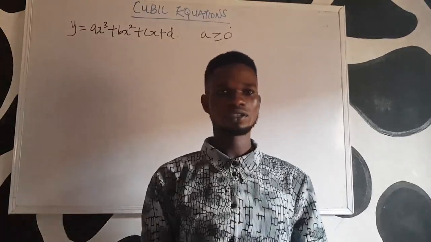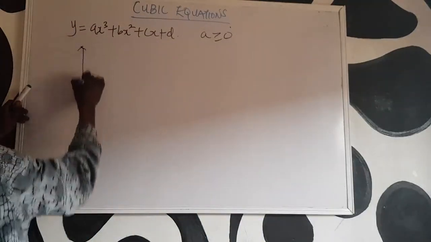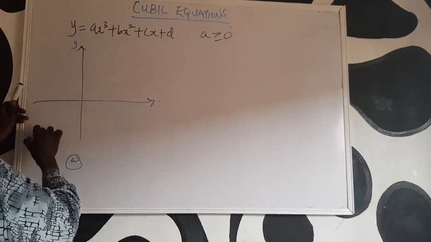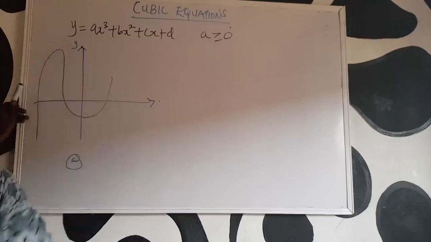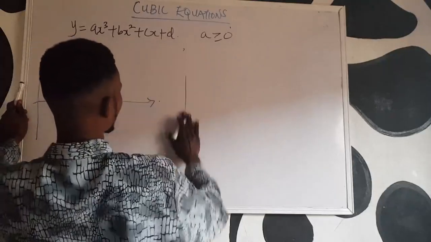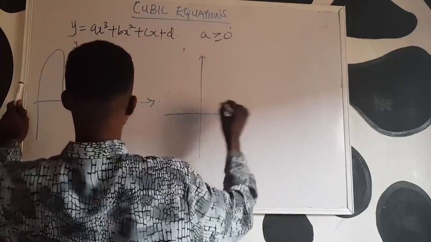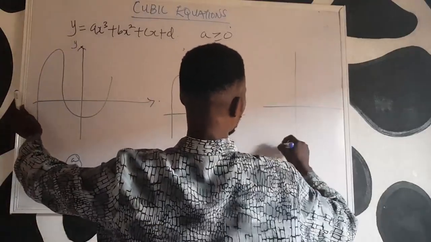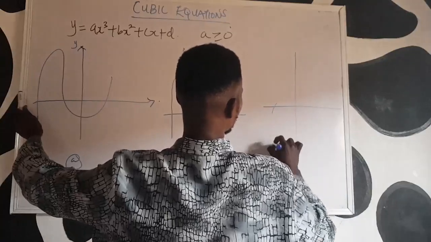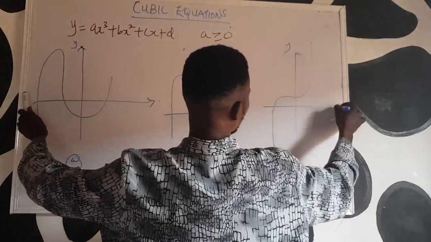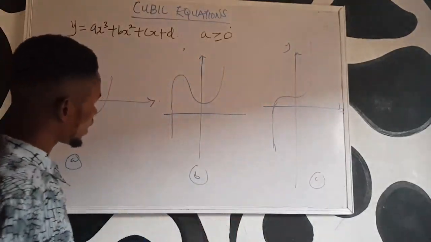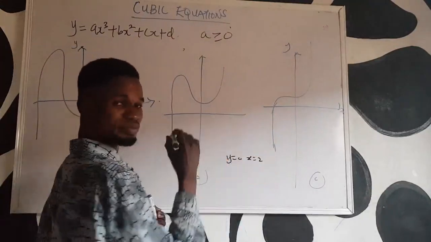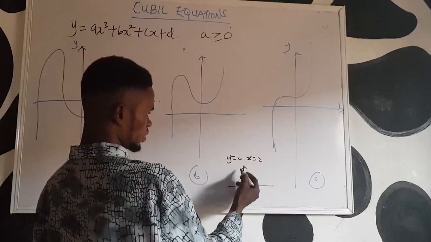So this typical cubic equation will surely behave as one of these sketches. Now look at this. Let's take these 3 sketches, A, B, and C, with axes Y and X. If I explain this, let's consider plotting the curve of y equals 0 and let's say x equals 2.